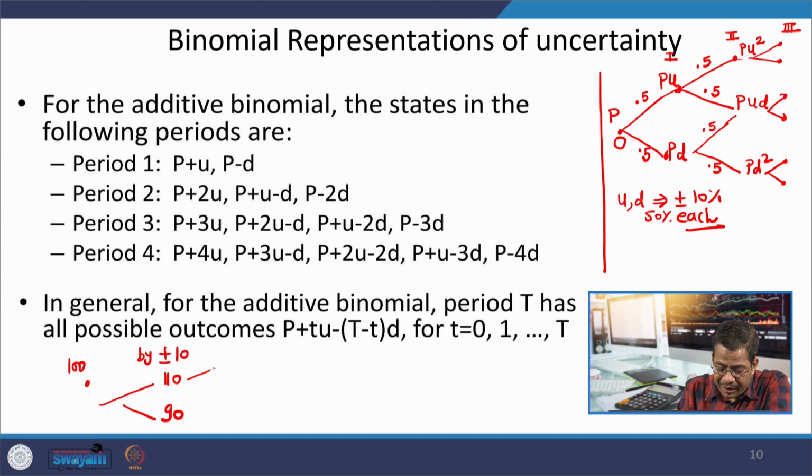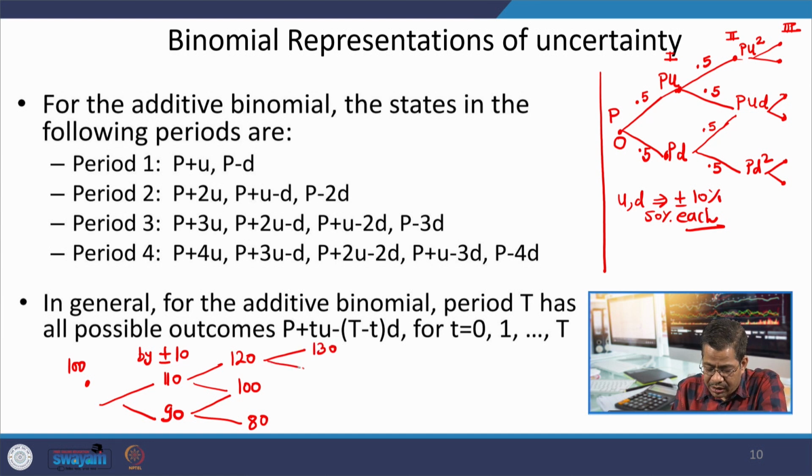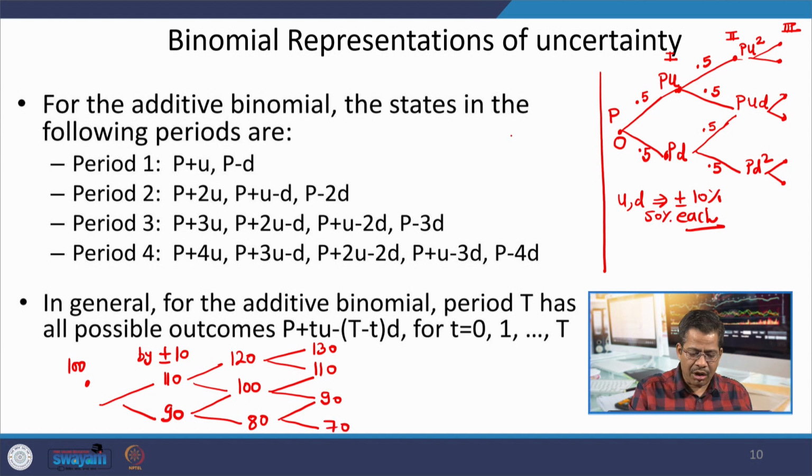Period 2: 110 plus 10, 120; 110 minus 10, 100; 90 plus 10, 100; and 90 minus 10, 80. Then 120 plus 10, 130; 120 minus 10, 110; 100 plus 10, 110; 100 minus 10, 90; 80 plus 10, 90; and 80 minus 10, 70. So these are the cases of additive binomial distributions.